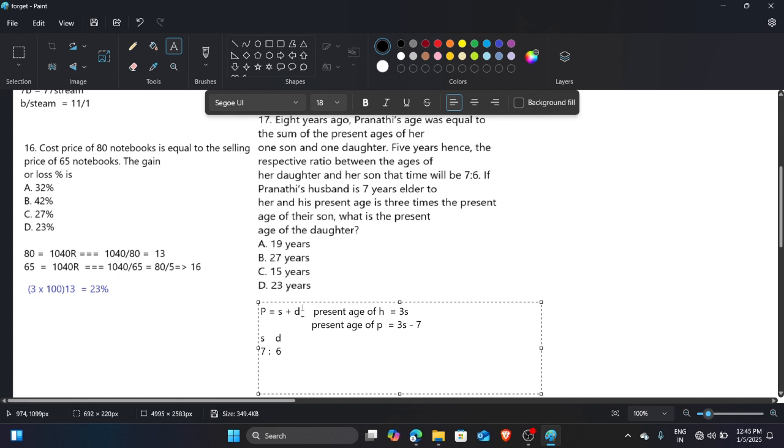But 8 years later, we considered this is her age. Suppose this is the present condition, this is 8 years before, and this is 5 years after.